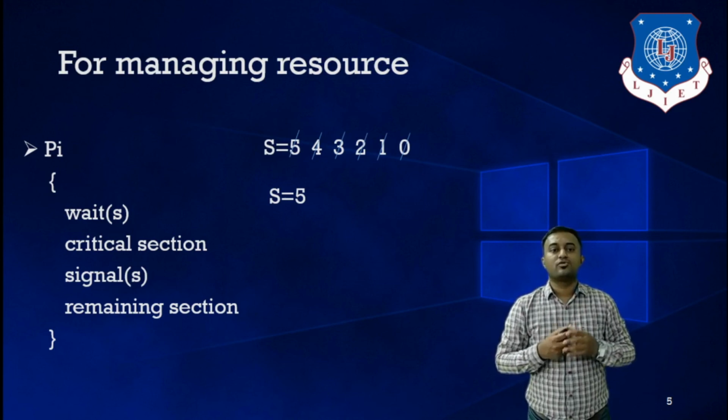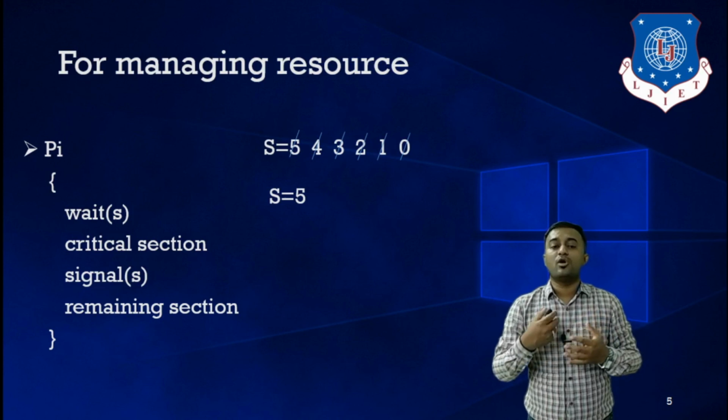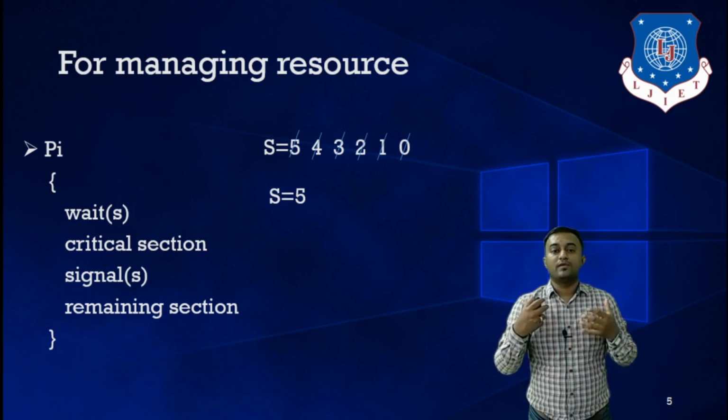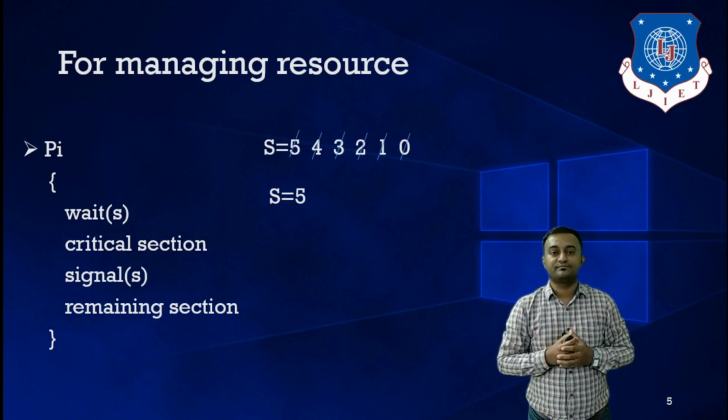In this case, we are not dealing with the critical section problem, because we allow multiple processes to enter into the critical section. So this is all about resource management.